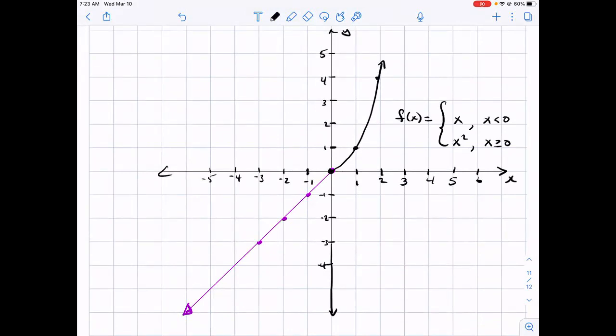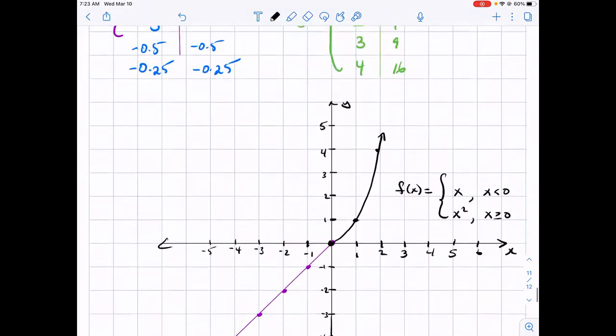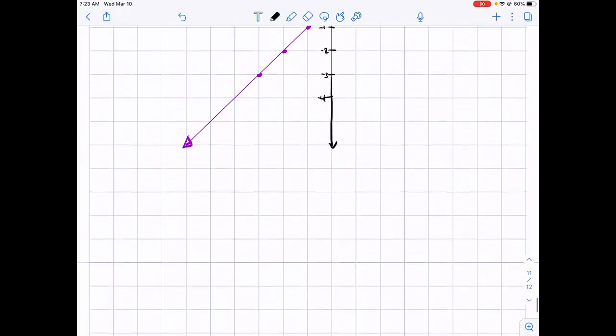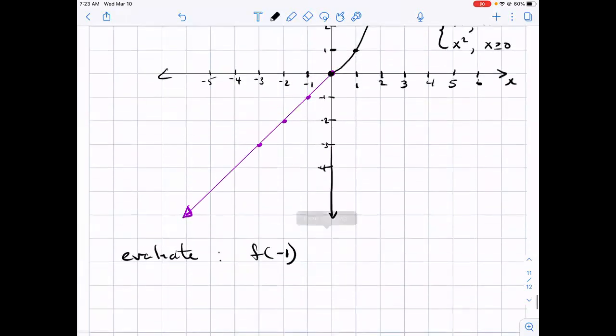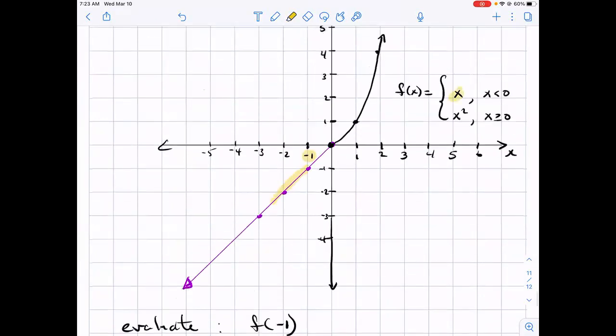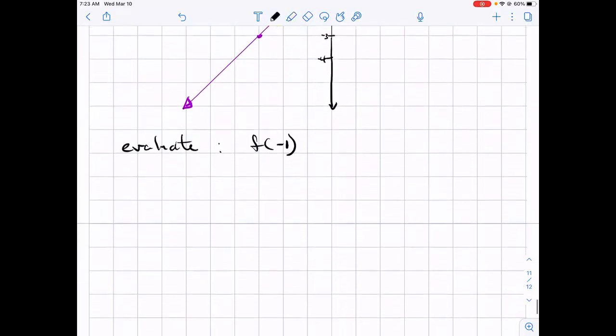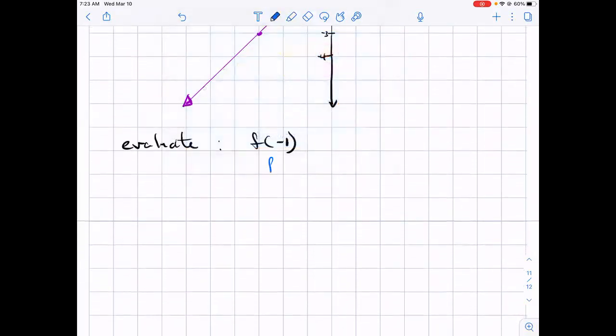Okay. Now you have to be careful, because if I ask you to evaluate f of, let's say, -1, you have to know where to plug it in. So -1 is here. So you have to plug it in this graph, which is x. So f of -1 will be -1.